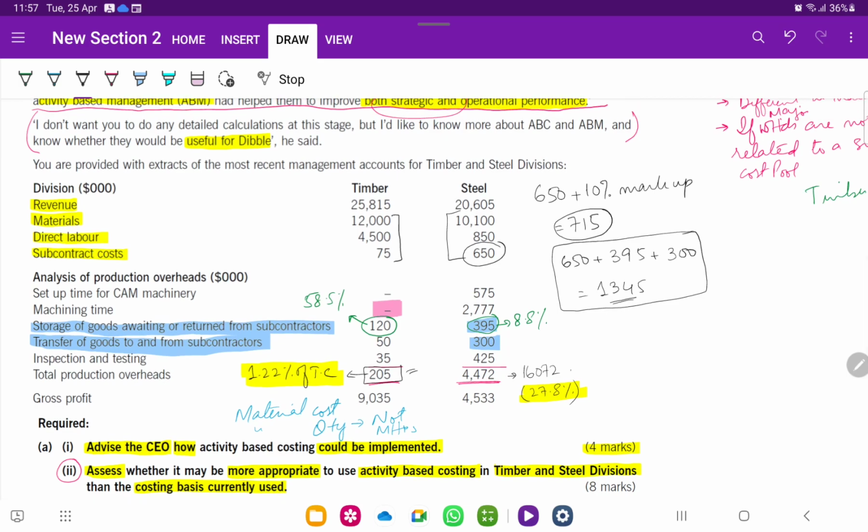And you can do two things. You can either reduce this cost, which we will see in the next concept of operational ABM, either eliminate this cost or discontinue this subcontracting service. But you have to make sure that if you discontinue, because this is a kind of customization, this may be something which the customer is actually coming to your organization for.